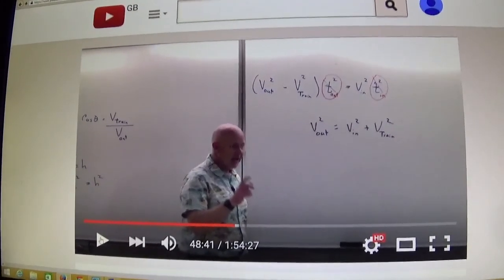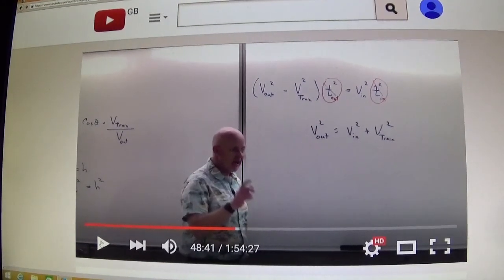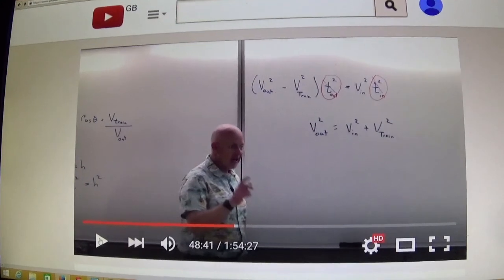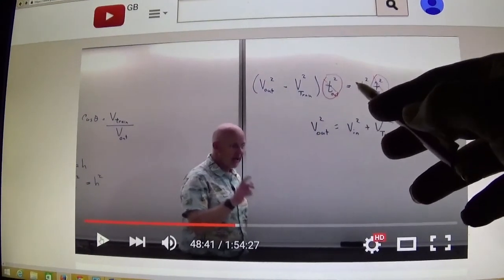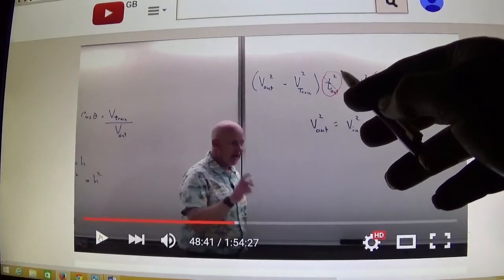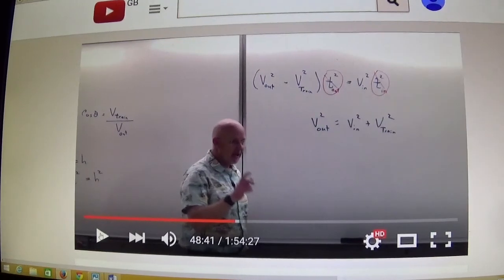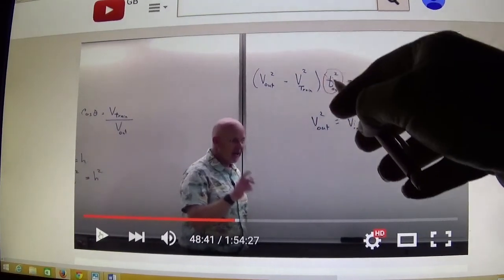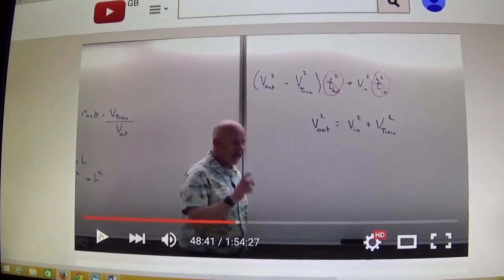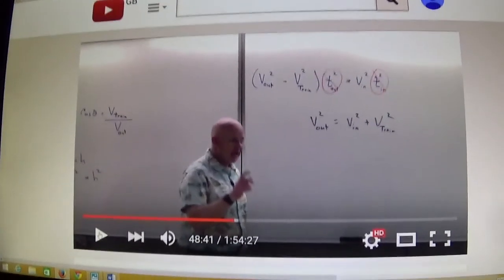So that is the connection basically with Einstein's relativity. In special relativity, he's going to assume those two things are different. But in Newton, you're going to have those two things the same. So that is the connection between Einstein and Newton in this maths.